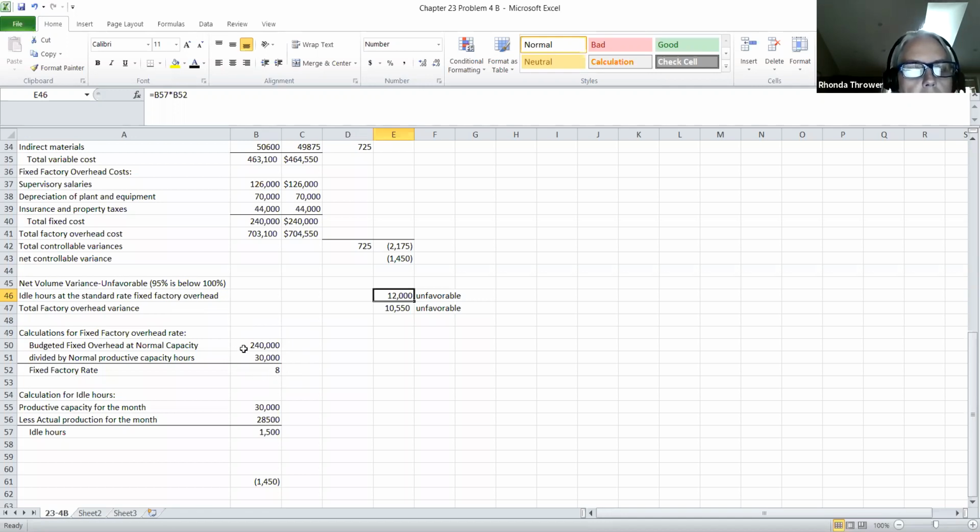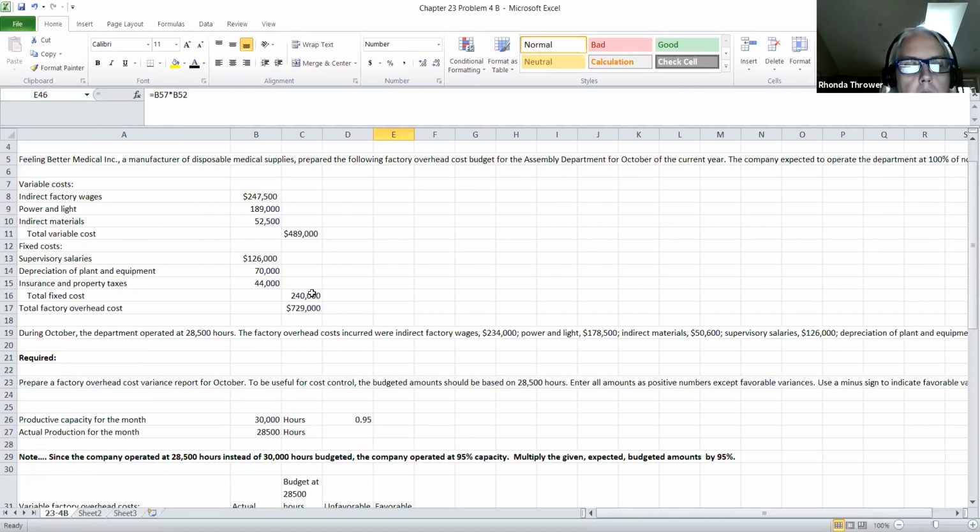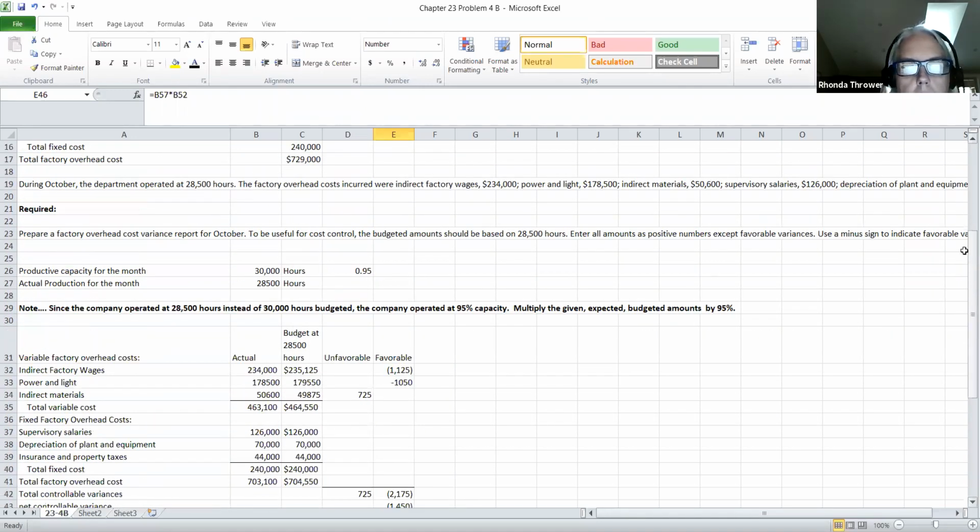And this is the calculation for figuring the fixed factory overhead rate. You're going to take the budgeted fixed overhead at normal capacity, which was 240,000. You could get that two places. The budgeted amount would be right here, 240,000, or you could get it from up above. This right here is 240,000 too.